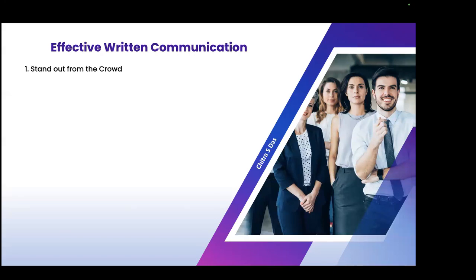Stand out from the crowd. Research shows that on average, a person working in a company receives 121 emails. You are sending, and your manager might be getting more than that. I remember at one point I used to receive at least 350 mails in a day.